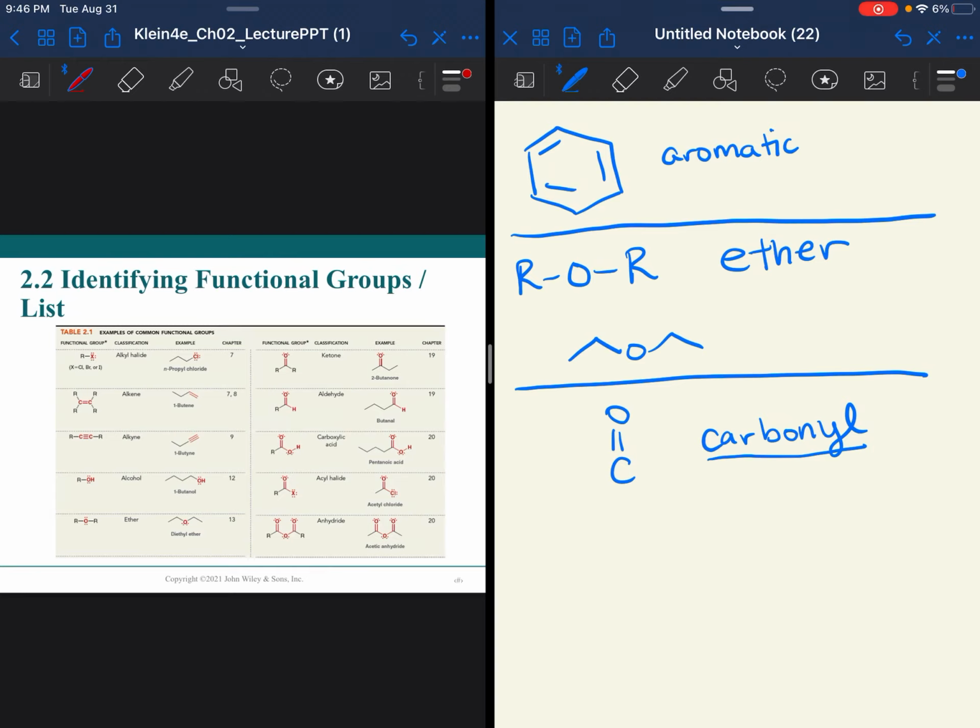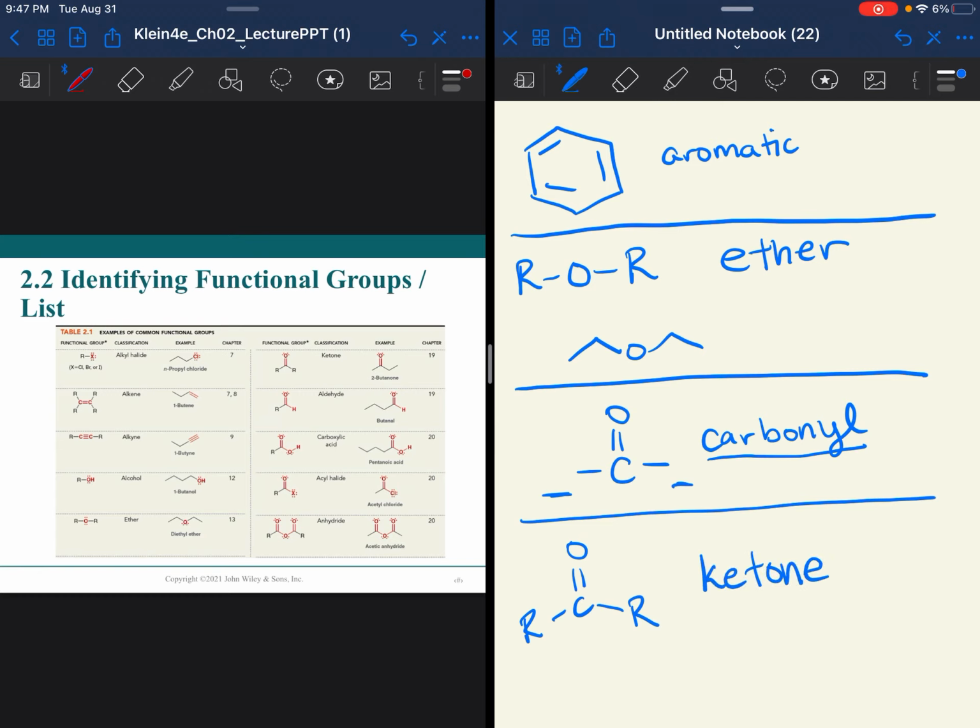But each functional group that contains the carbonyl, we're going to get more specific with what's on either side of that carbonyl. Okay, so functional groups that contain carbonyls. If the carbonyl is between 2 R groups, this is a ketone. Right, so 2 carbons, a carbon on either side, that's going to be a ketone.